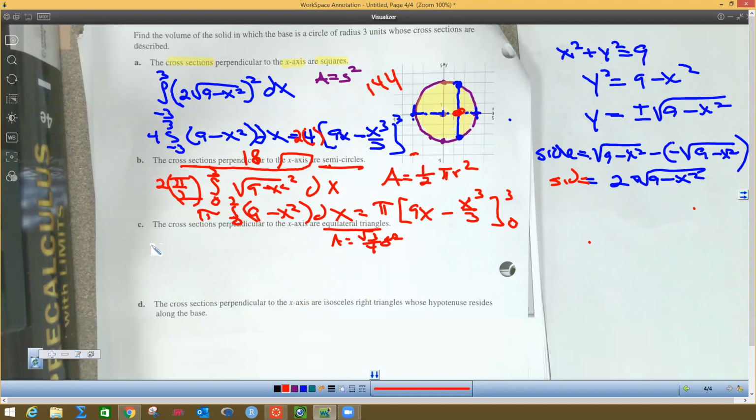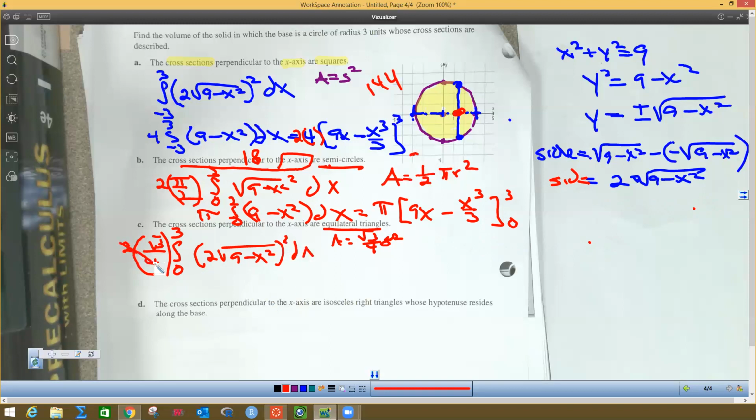Okay, so I'm going to get my radical 3 over 4. I'm going to do my integral, but I want to go 0 to 3 again, so I got to double this number out here because I need to get on both sides of the y-axis. And I'm going to take my side, which is 2 times the square root of 9 minus x squared, and I'm going to square that dx.